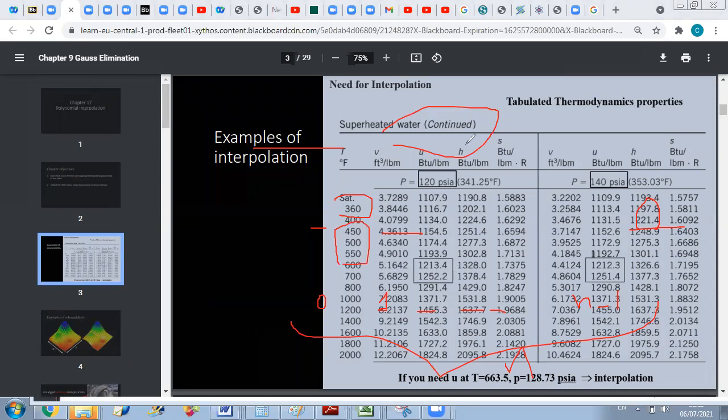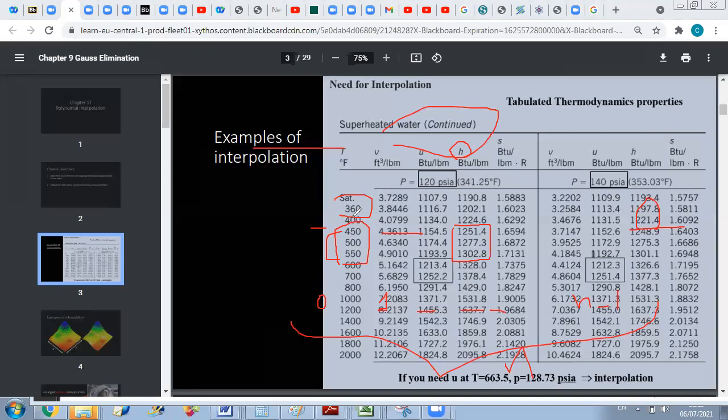I want to interpolate, for example, the enthalpy. So I take these 3 data points and I define a polynomial function between these 3. Therefore, for any value between 450 and 550, I can use this quadratic interpolation to find what h is. So it can be done.